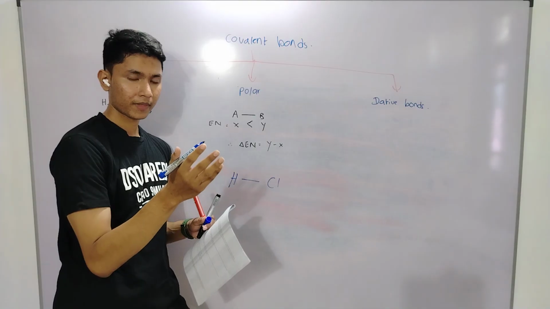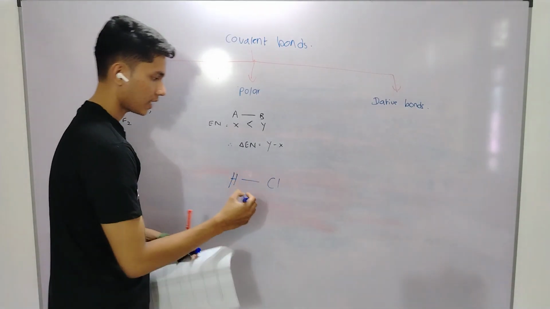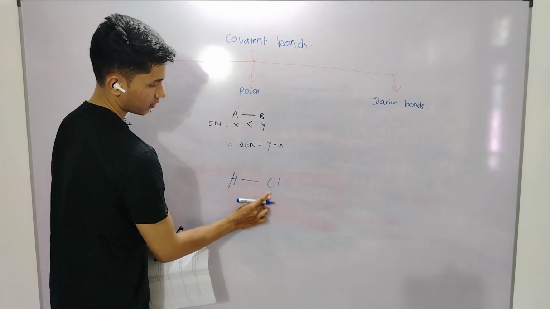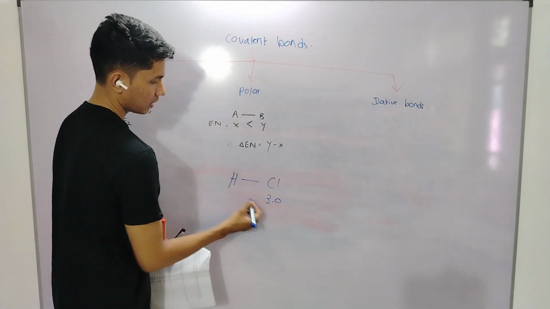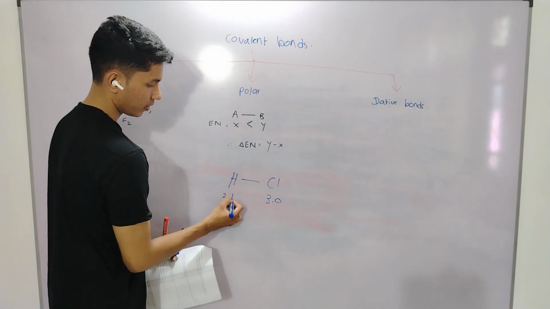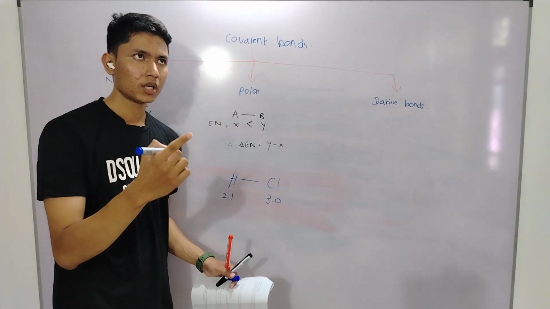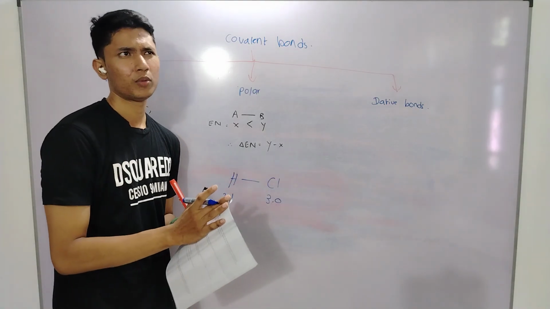Pauling's scale will show you the electronegativity values.